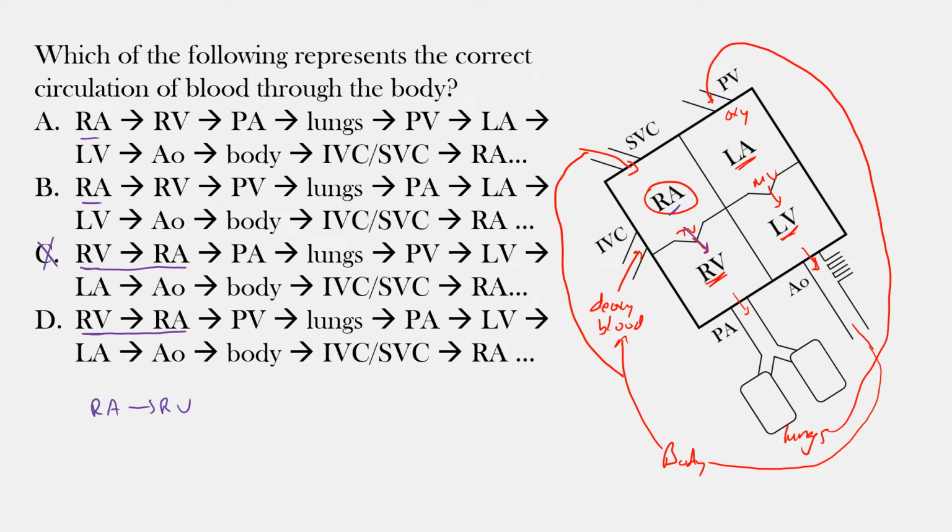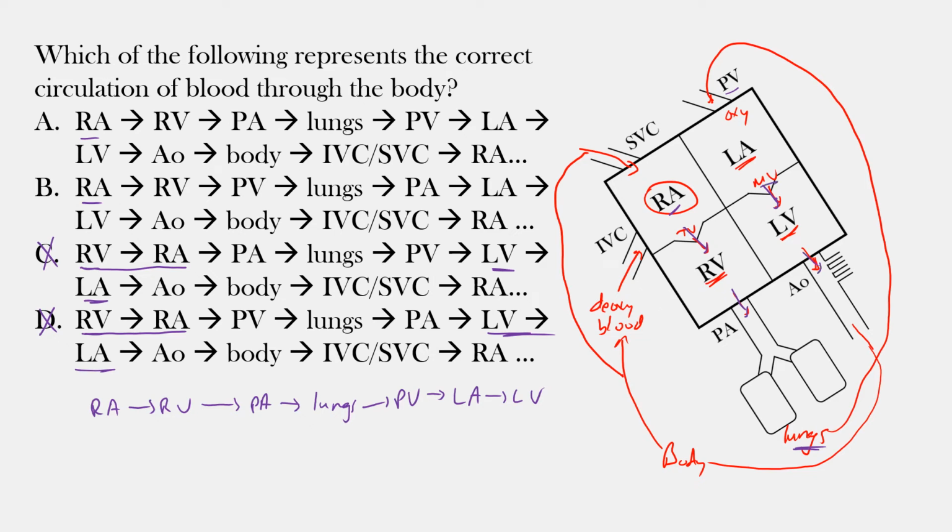So C and D are already wrong, and you may have noticed that they also mention the LV, left ventricle, to the left atrium in both of these, which again is the opposite. As we know, it goes from left atrium to left ventricle. So we have right atrium to right ventricle, through that tricuspid valve. Then we go through our pulmonic valve to our pulmonary arteries, and from there to the lungs. We come back through the pulmonary veins, and then go to the left atrium, to the left ventricle, through our mitral valve.